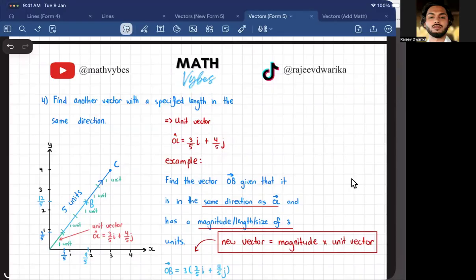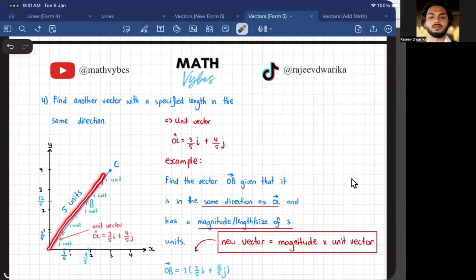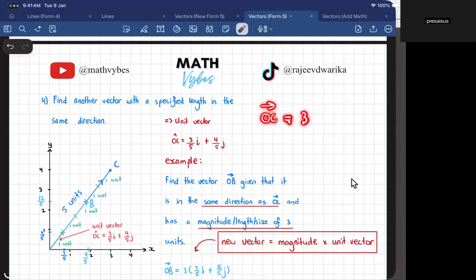No. Okay. Let's run through the process quickly once more. O to C. What's vector O to C? 3i plus 4j.